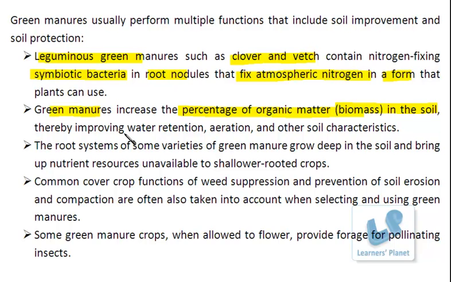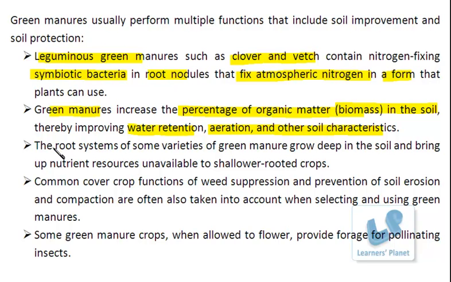It can help in improving the water retention capacity, or the water holding capacity of the soil. It can provide better aeration, and it can maintain the soil structure. And thus it is of course a very good benefit provided by the green manures.